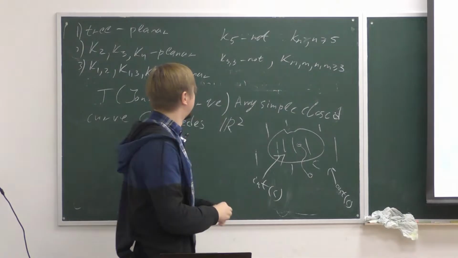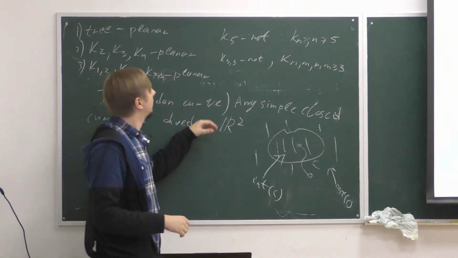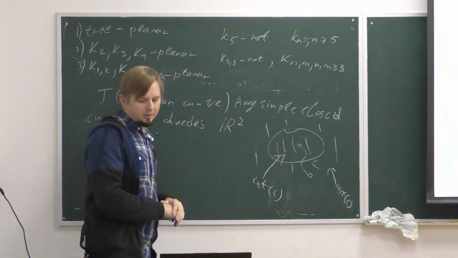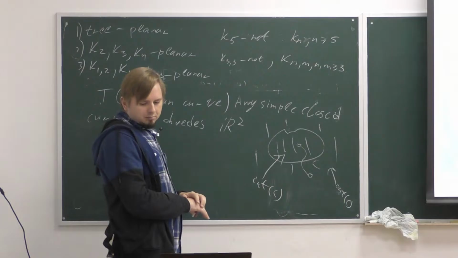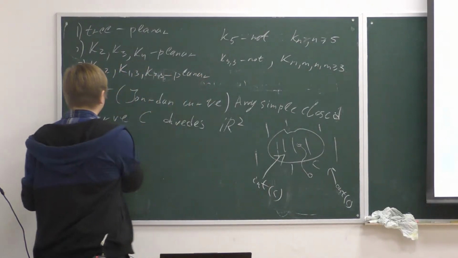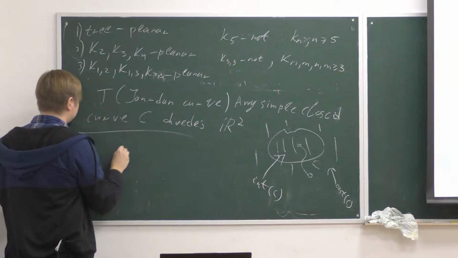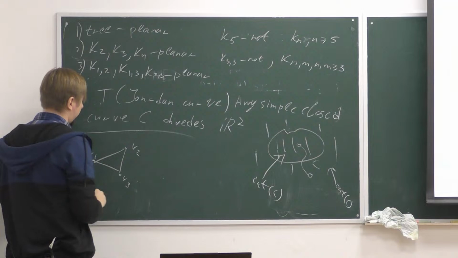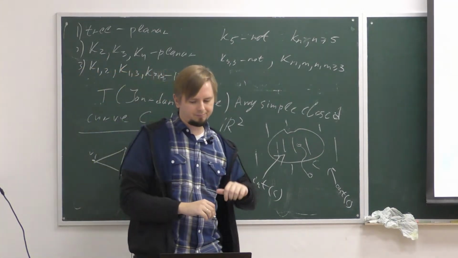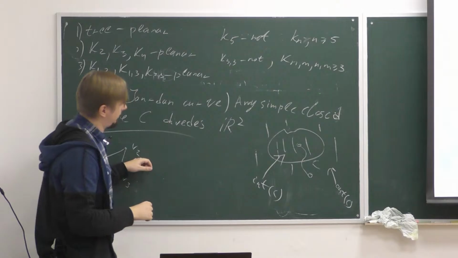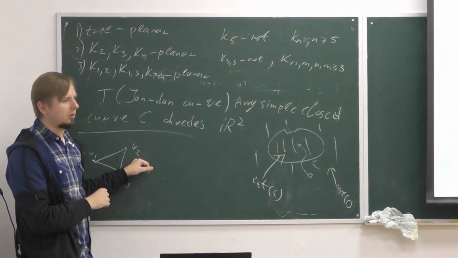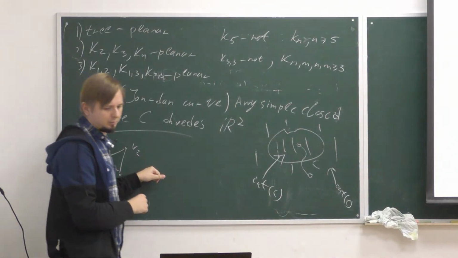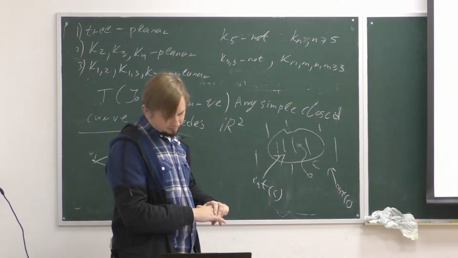Okay, let's use this theorem to prove that, for example, K5 is not planar. Let's consider some cycle of K5: V1, V2, V3. This cycle is a closed curve, so there are two parts, the inner part and the outer part.